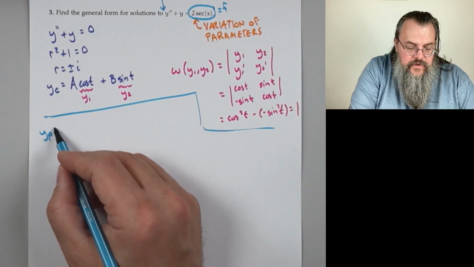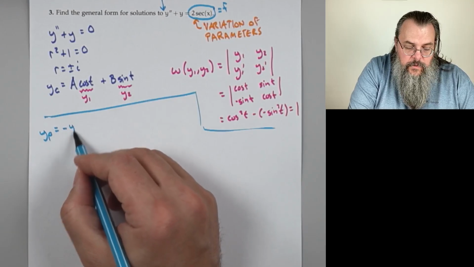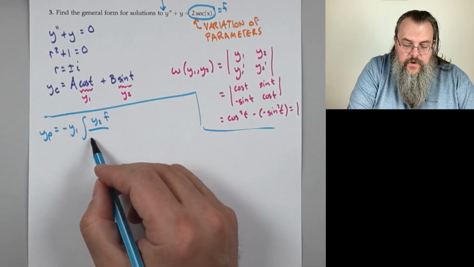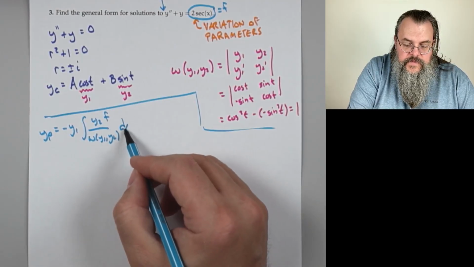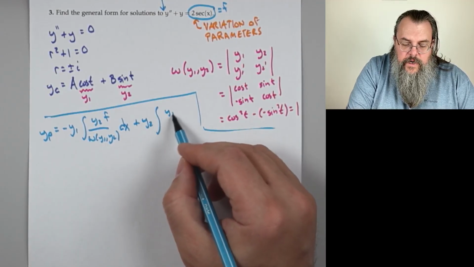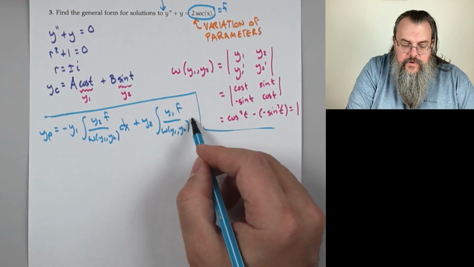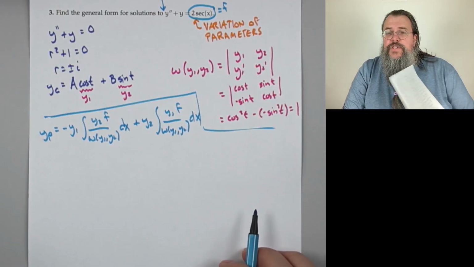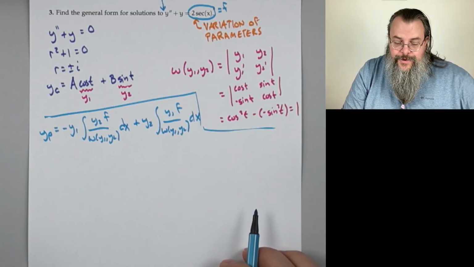So the particular solution, because we already got the complementary solution, is minus y1 integral y2 f over the Wronskian y1, y2 dx, and then we're going to add y2 integral y1 f over the Wronskian y1, y2 dx. Just copying off the formula sheet, changing a few letters, and we're ready to roll.